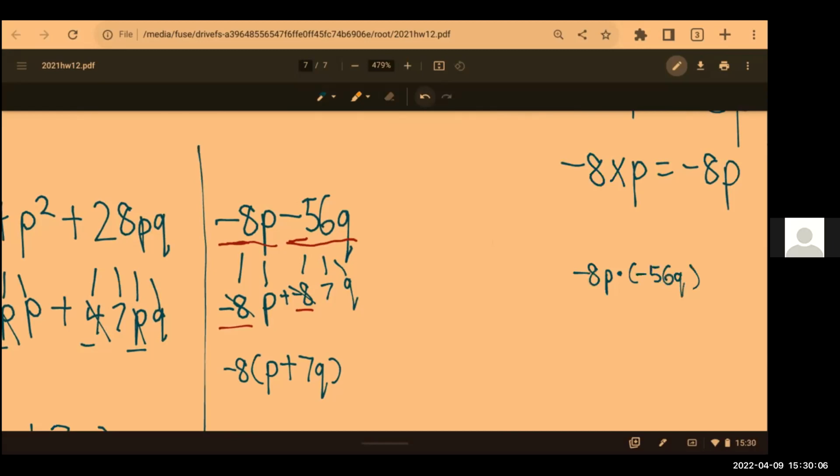Okay. Can you put in between a plus? Go down. Can I ask you which one? This is 1, this is 2, label 1, 2. Which one will give you minus 8p minus 56q? Can you simplify the one?